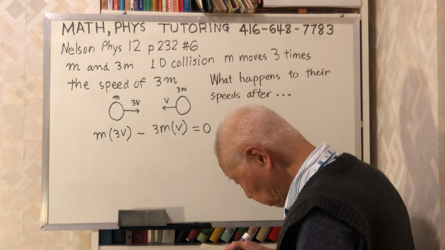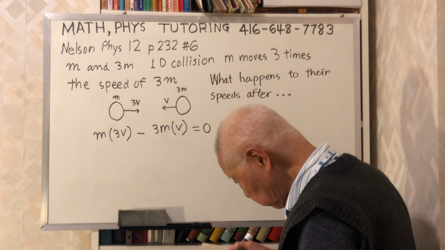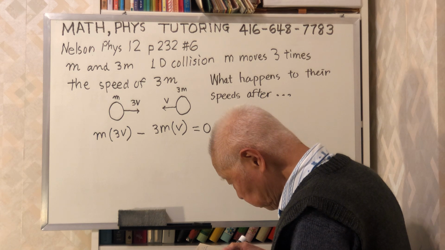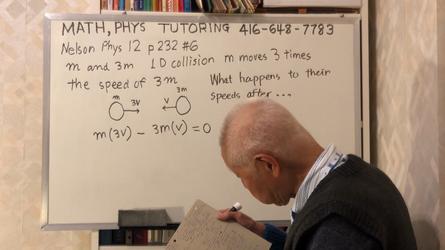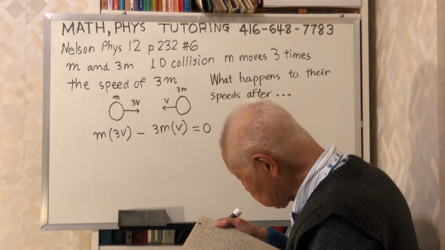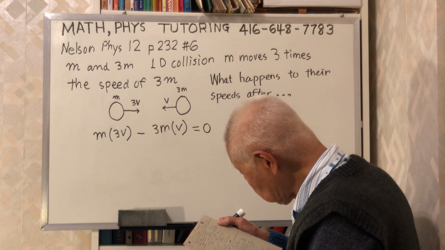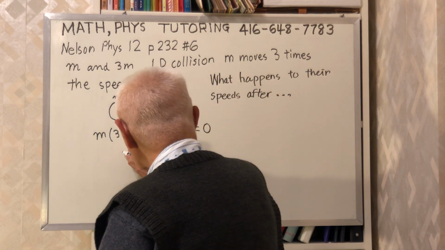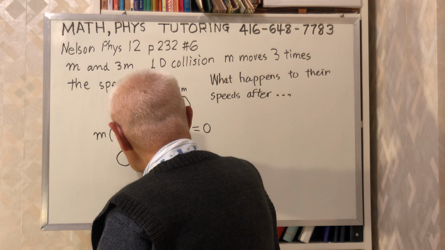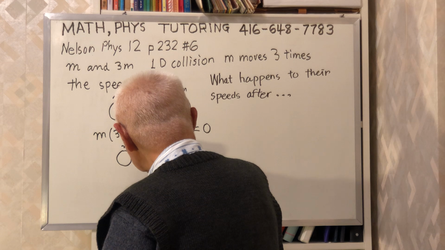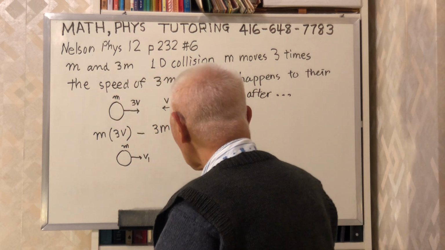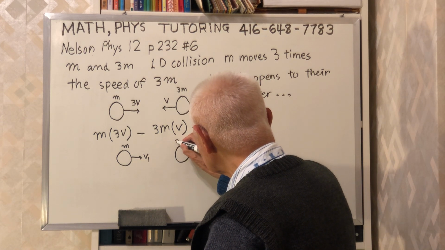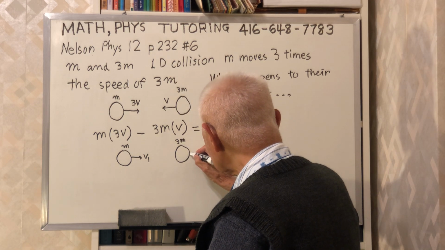Let me see the question. Afterwards, I do not know the speeds. Let me assume that m moves with v1 afterwards, and 3m moves with v2.